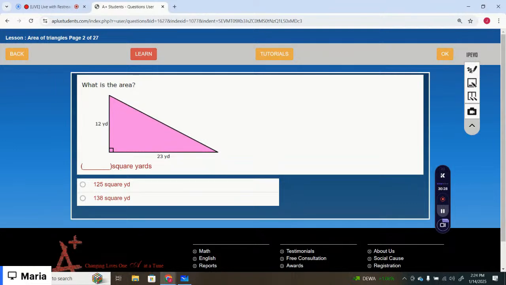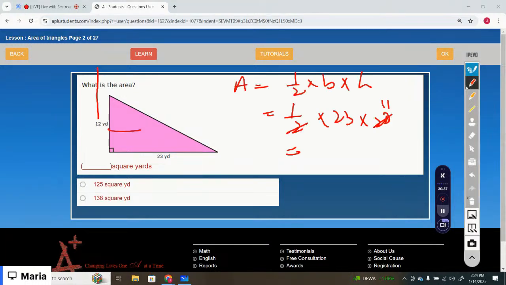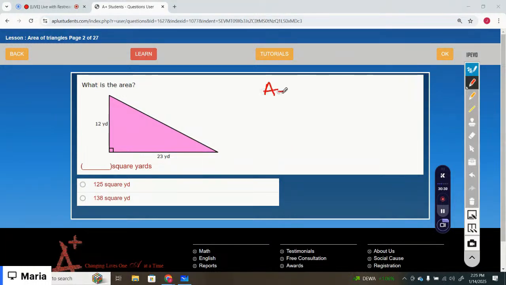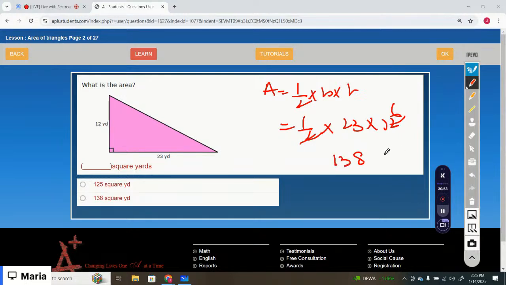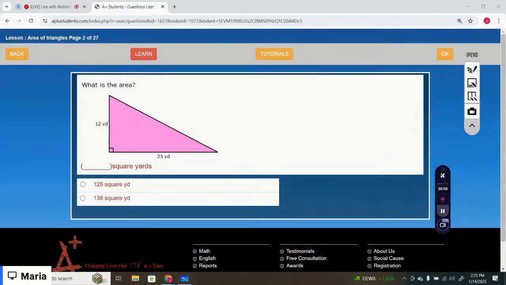What is the area you have to do? Half times base times height. Again, you have to use the same formula. That is 103 square yards. The correct option is option number 2, that is 138 square yards.